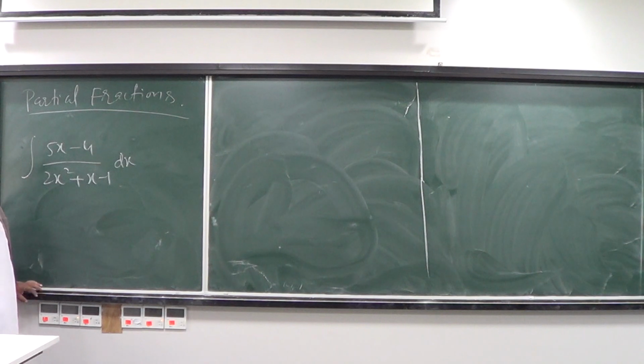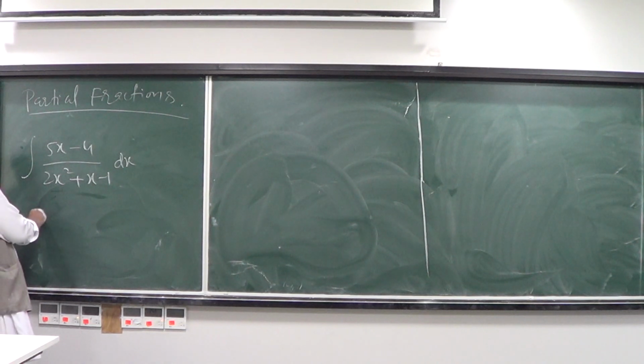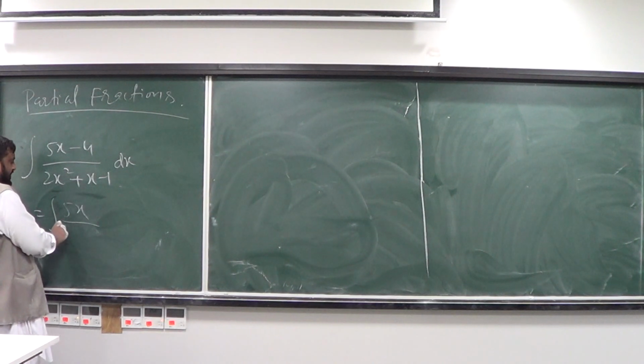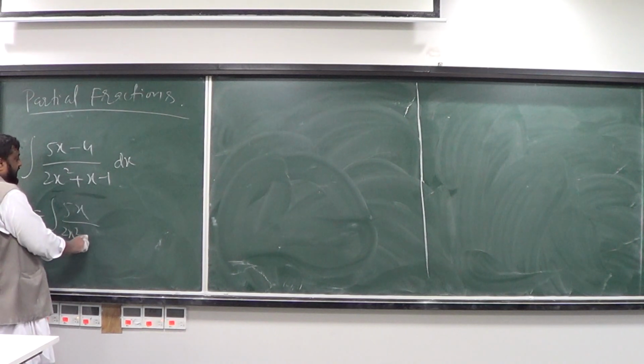Would making a substitution work? If you differentiate the denominator, you're going to get 4x plus 1. But here you have 5x minus 4. So what should I do? You can do it directly with some trick. For example, you could split this integral into two integrals.